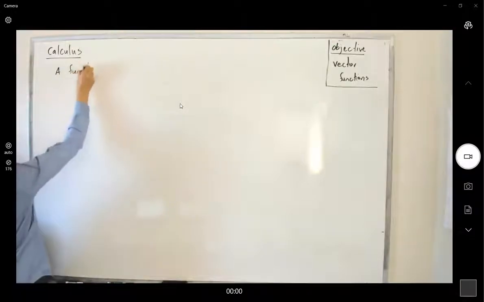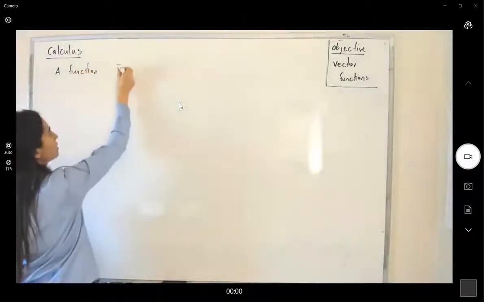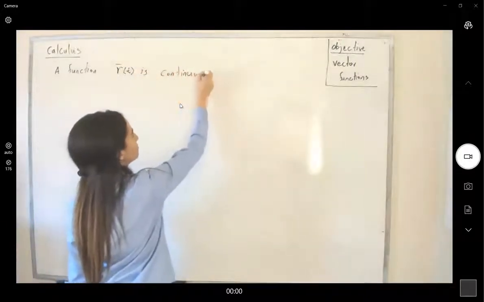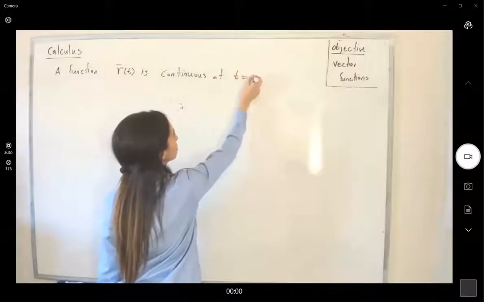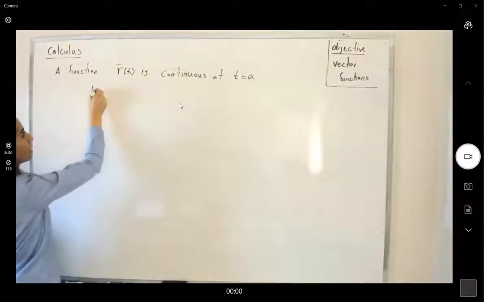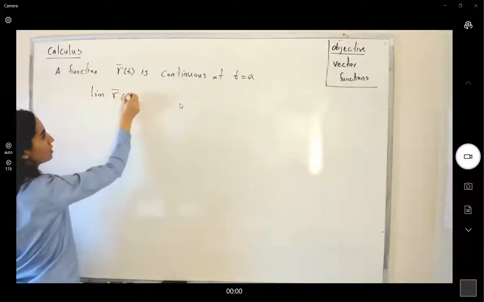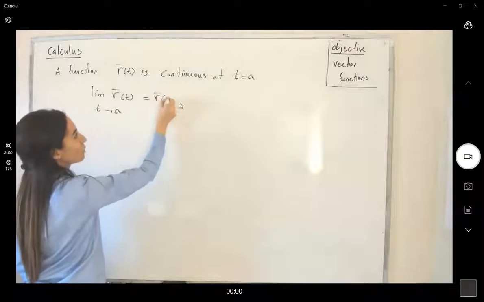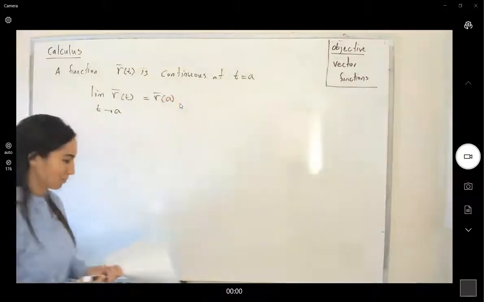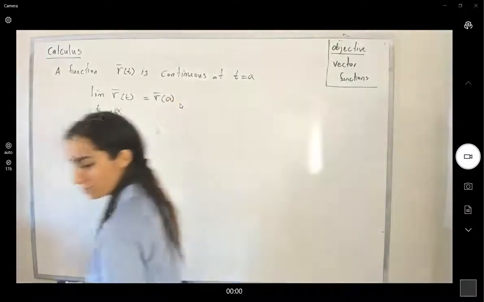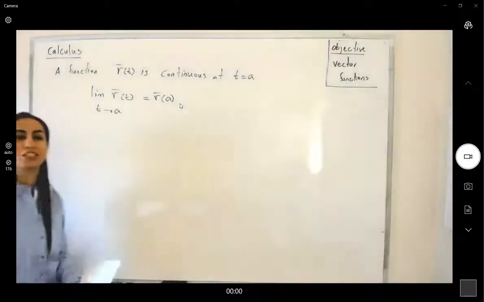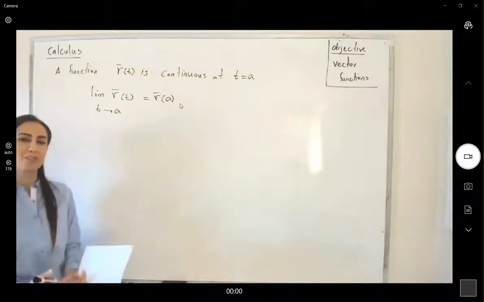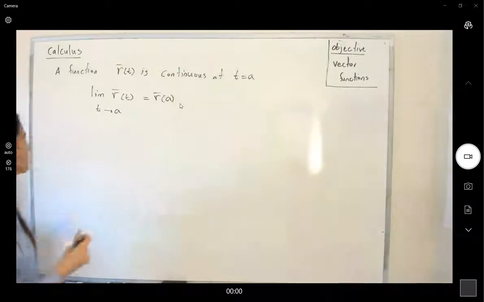A function like r of t is continuous at t equals a if the limit of your function while t approaches a is the same as the value of the function after plugging in a. Well, when we have continuous components, then we can talk about the graph associated to those components.